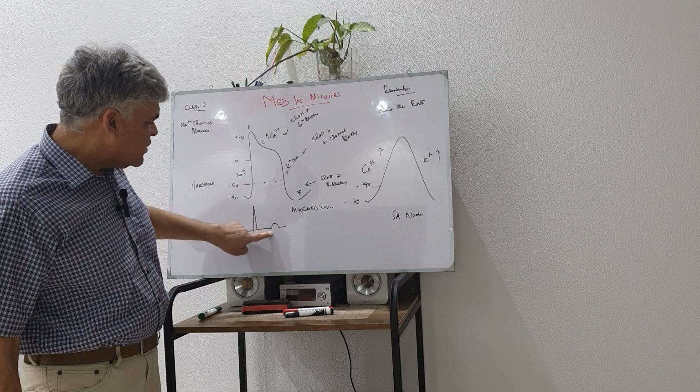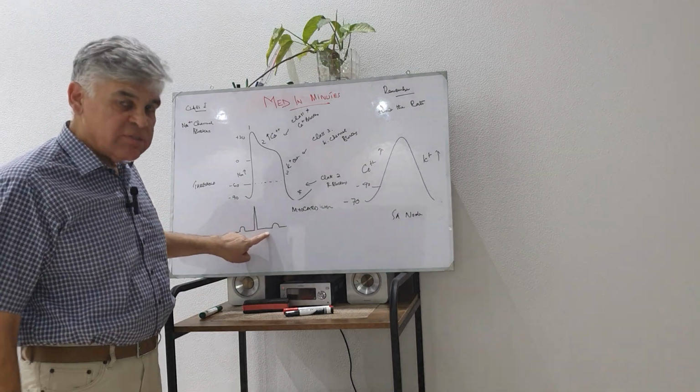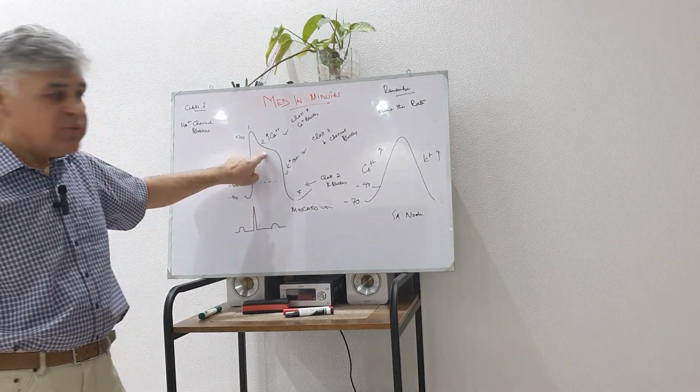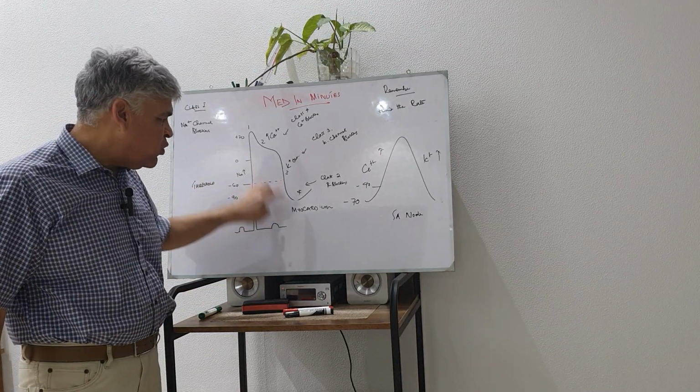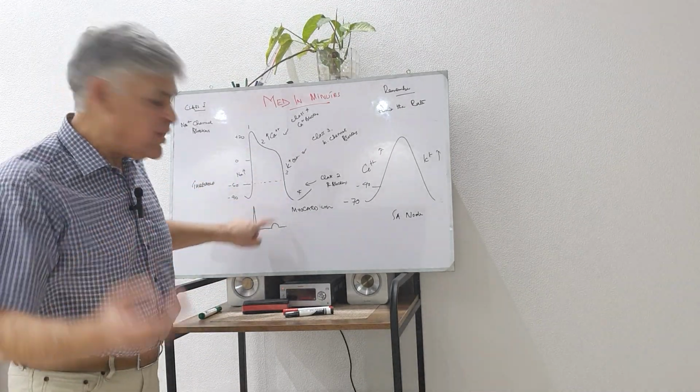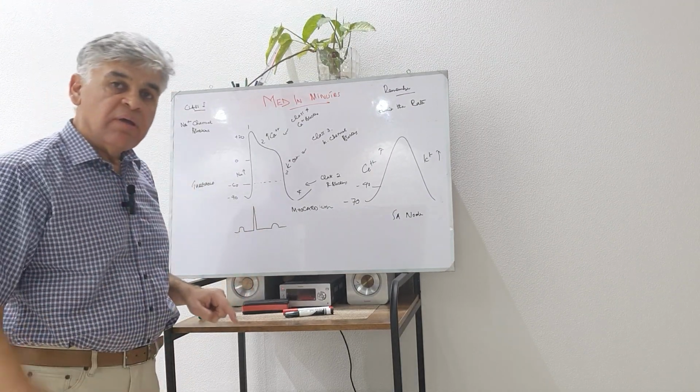And then there comes a pause, which is the QT interval, and that's where the calcium comes in to sustain the action potential, followed by a fall, and that's where the potassium leaves the cell, and hence you get a positive T wave.